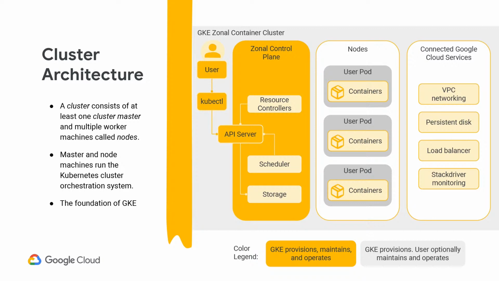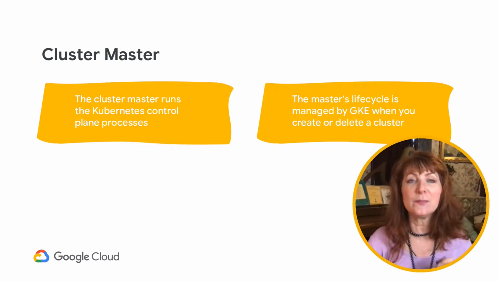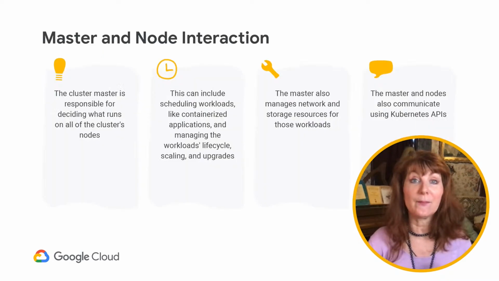So notice that there are some elements that GKE provisions, maintains, and operates, and there are other elements in your container cluster that GKE does provision, but the user can choose to maintain and operate themselves. Now, the cluster master runs the Kubernetes control plane process. The master's lifecycle is managed by GKE when you create or delete the cluster.